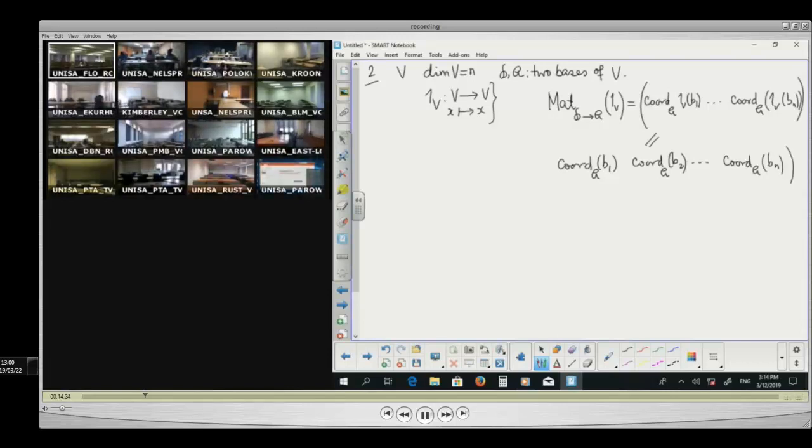So this is an n cross n matrix, right? So what is this? This is nothing else but the change of basis matrix.